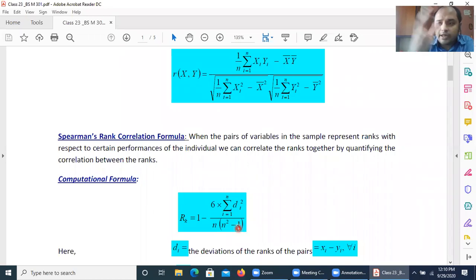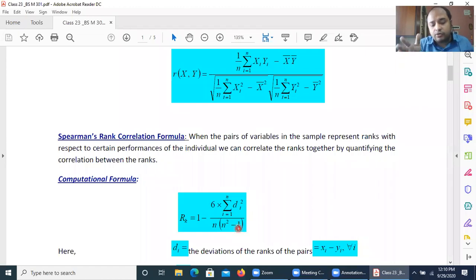If Shupratik and Rohan are missing from CA2, then I shouldn't consider their marks in the CA1 examination either to study the rank correlation. Although they sat for the examination, their marks will not be considered, because otherwise the formula will become invalid.